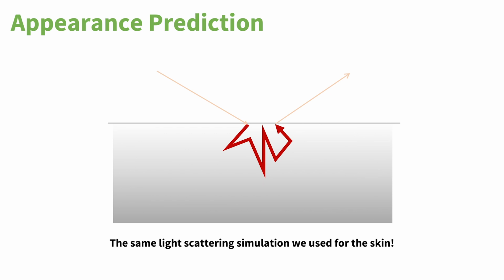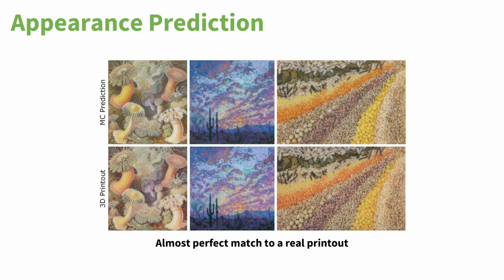So, as I said, the simulation of this visual prediction of the 3D printout really involves tracing many, many light paths under the surface of the 3D print. And by doing that, we are able to obtain a very good fit between the Monte Carlo rendering, that's the prediction, and the actual printout. So you barely can see any difference.